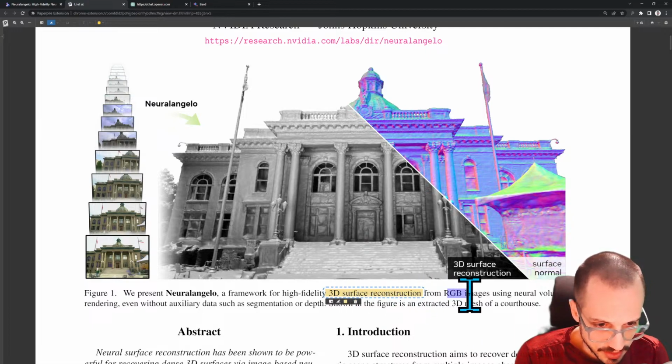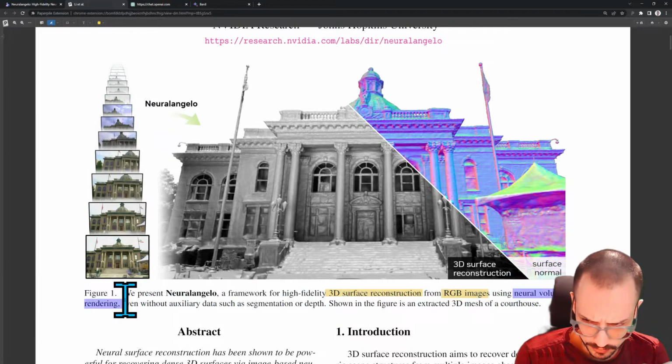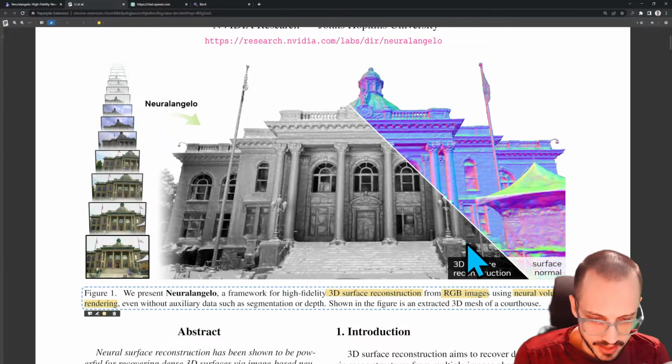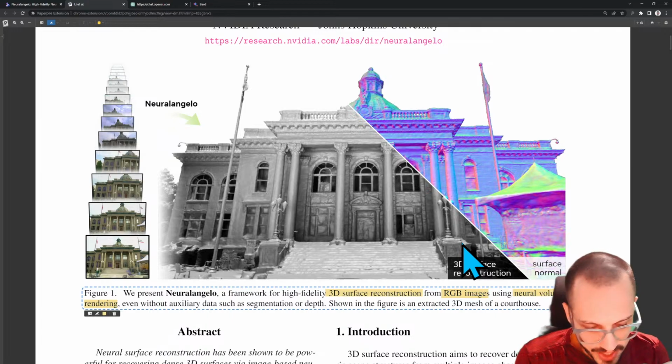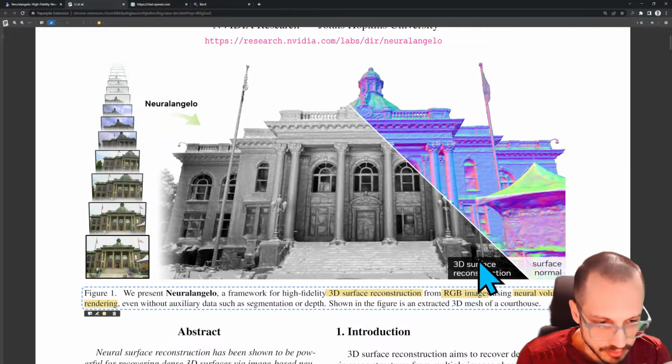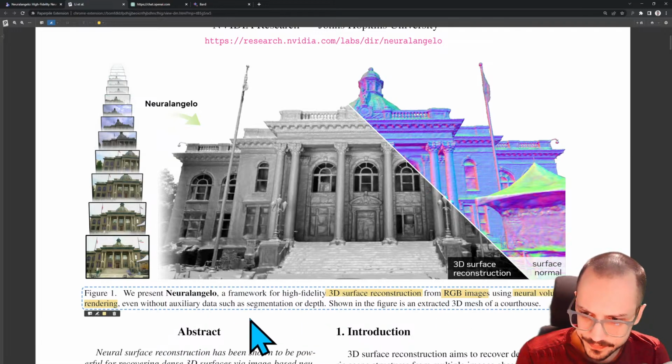RGB images are just the standard type of images you would get from your cell phone, right? There's a red, green, and a blue color channel. And neural volume rendering is the technique behind NeRFs and a variety of other approaches, but basically the idea of using neural nets to render a 3D volume, right? So a volume is just a 3D space.